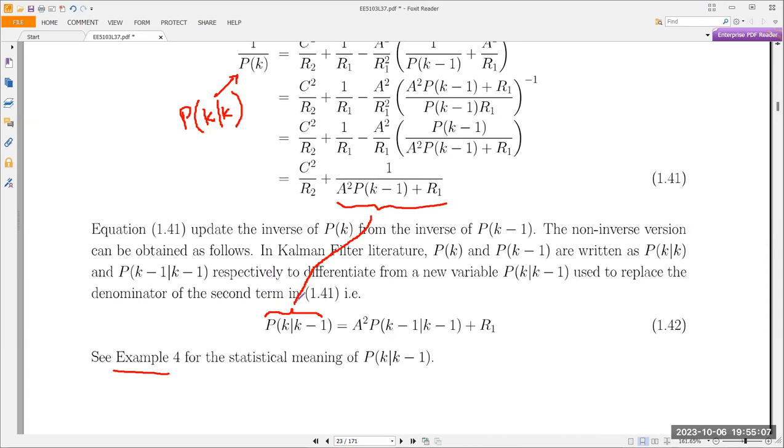So you just have to accept that this is defined as pk minus 1.